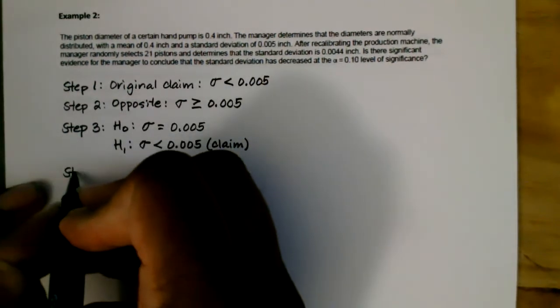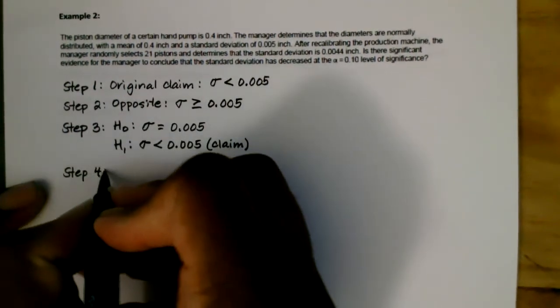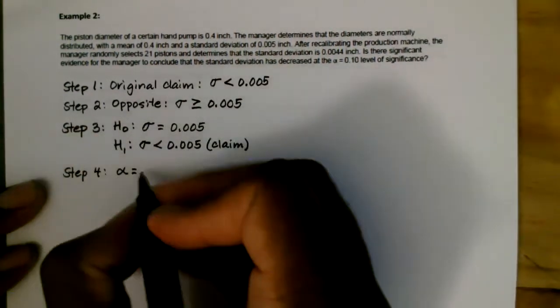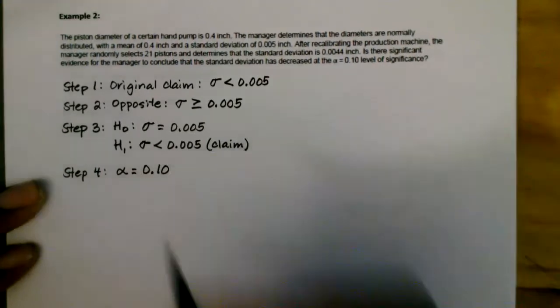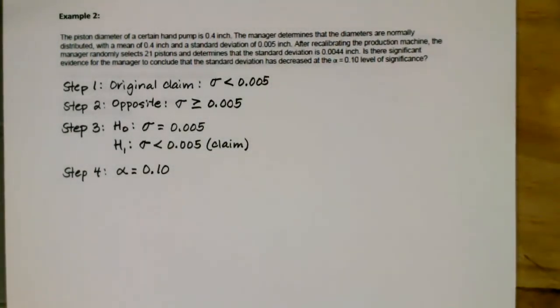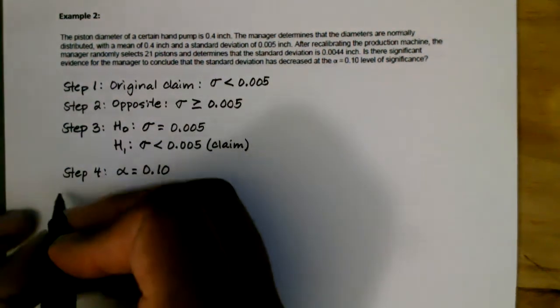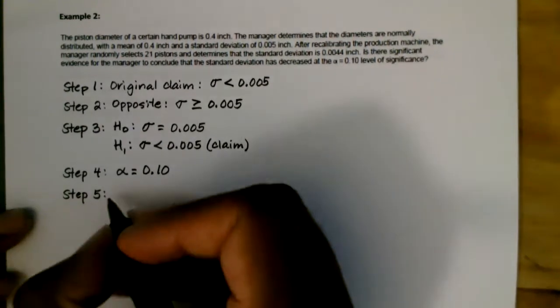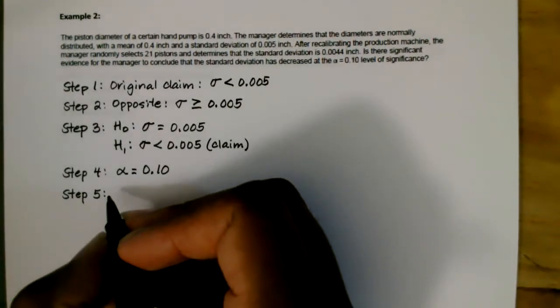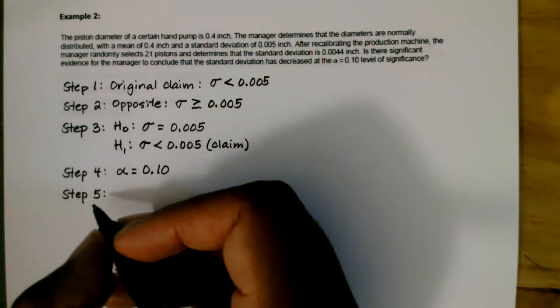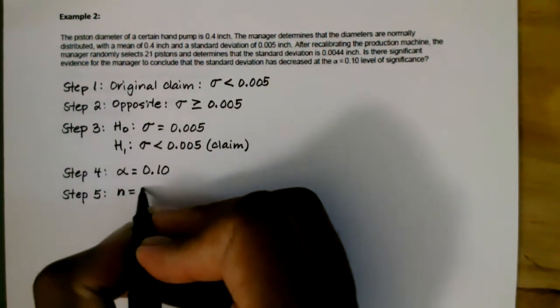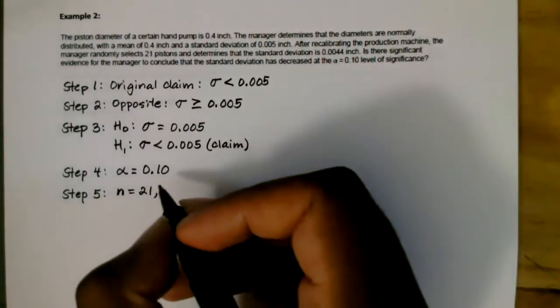And now step number 4 is your level of significance. In this case, it's 0.10. That's given to you in that problem. And now step number 5 is going to be calculating the test statistic. Let's see what we have here. We have 21 pistons that were randomly selected, so N equals 21.